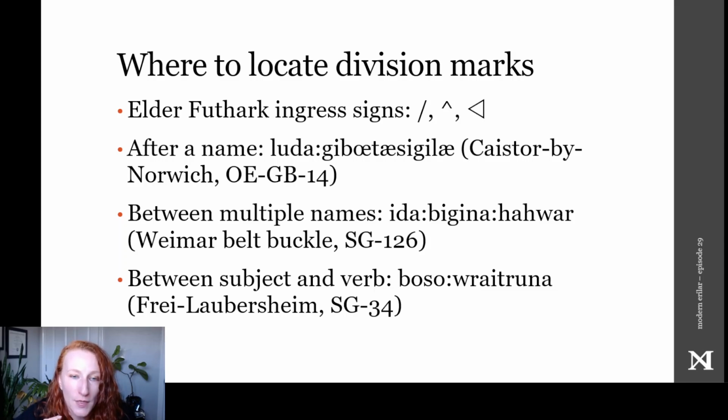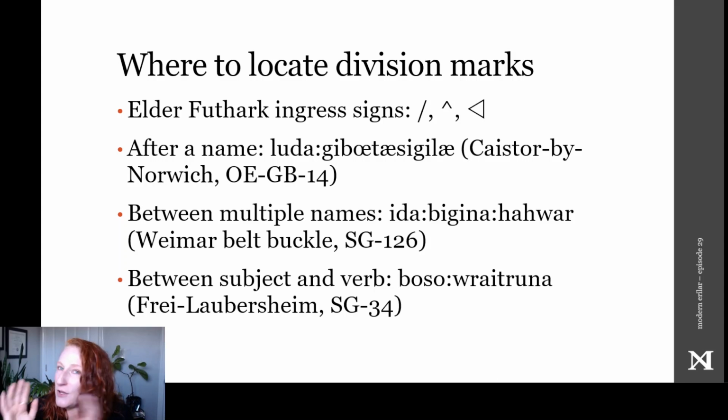So some of these show the subject and the verb written together without division in Elder Futhark. For example, on the Raumköge inscription, Hariu Hahaitika, Hariu Ha I am called, the subject and the verb are written together.